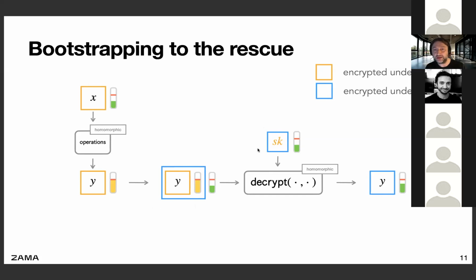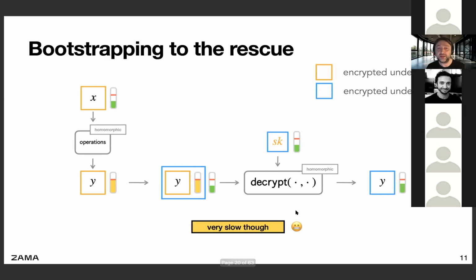And then, given the orange key encrypted under the blue key, if that makes sense, you perform the decryption circuit homomorphically. And this is brilliant because the orange key is going to remove this orange box. And at the end, you just have the blue box. And the blue box has a noise which is independent of the orange noise that we had initially. And so it means that you can basically denoise a ciphertext.